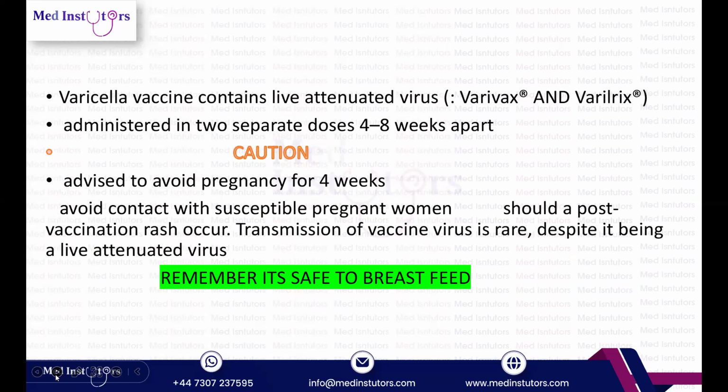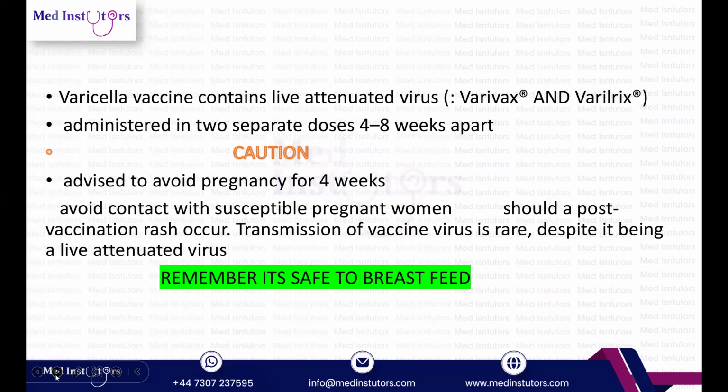And since it is a live attenuated viral vaccine, there are 3 important things we have to tell the patient. Number one, avoid pregnancy for at least 4 weeks, right? Number two is avoid contact with a susceptible pregnant woman.